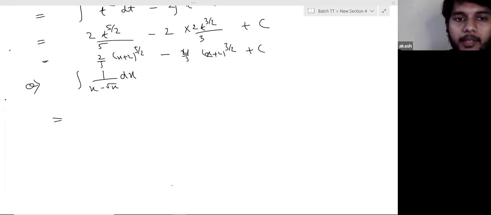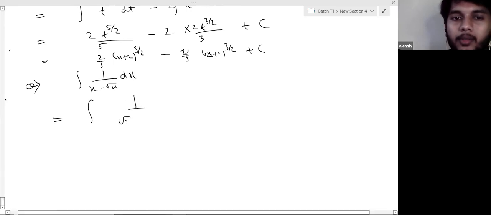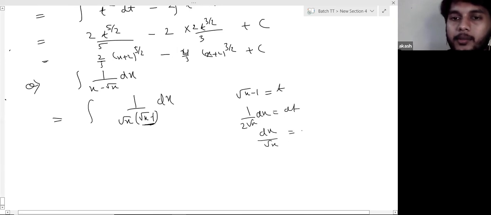All right, very simple question. This is integration. You can take under root x common, so this will be under root x into (under root x minus 1) dx. If you take this as t, this will be 1 upon 2 root x dx equals dt. So dx upon root x equals 2 dt, right?